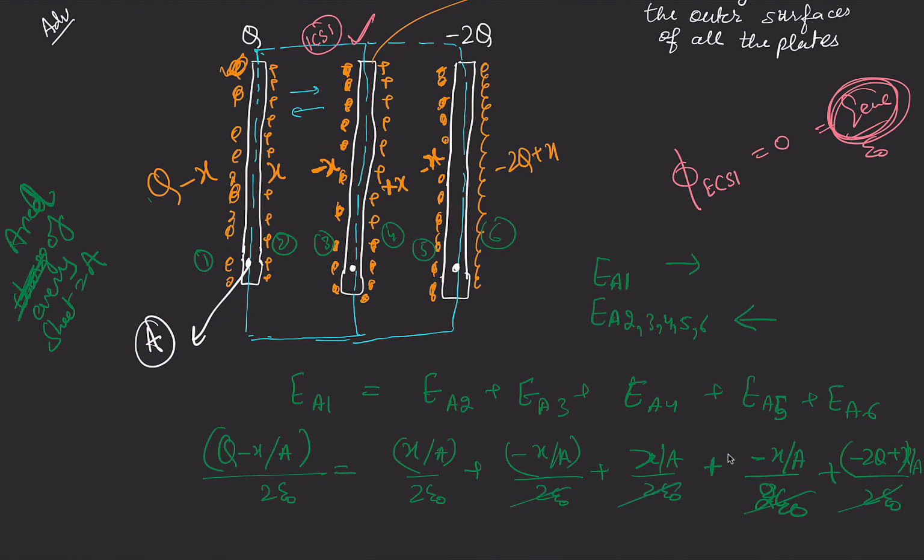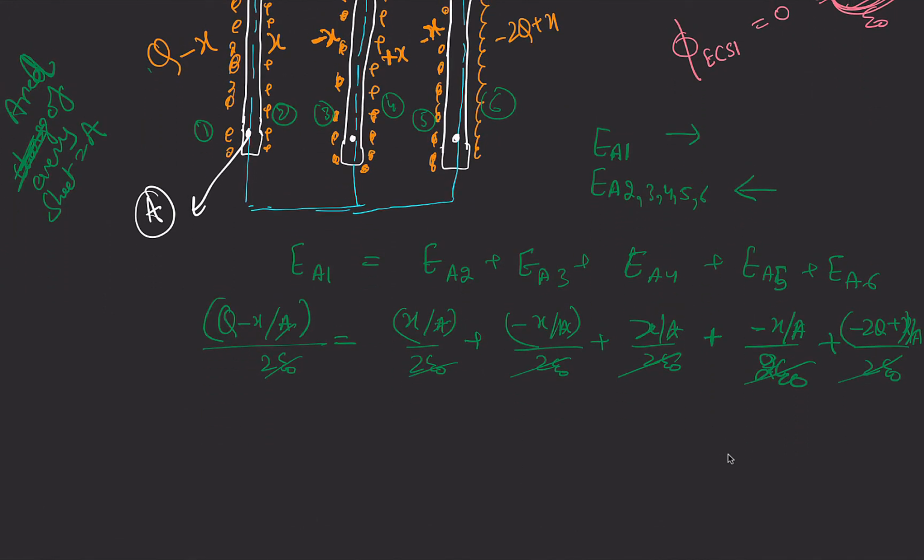So 2 epsilon naught will cancel out, A will cancel out. That's why I was saying A won't matter. Only the charges would remain in the equation. So Q minus X should be equal to X minus X plus X minus X plus minus 2Q plus X. So this also cancels out. The equation finally becomes 3Q is equal to 2X, and we get X is equal to 3Q by 2.